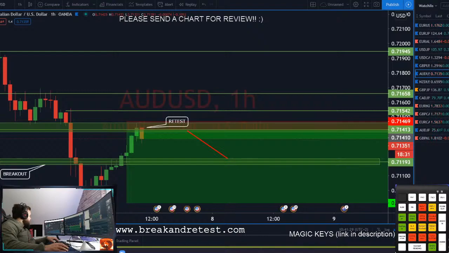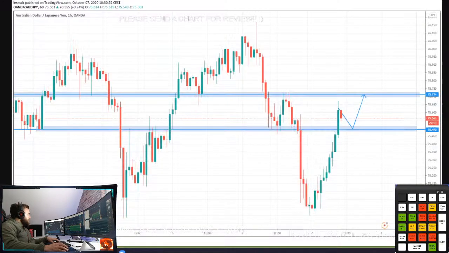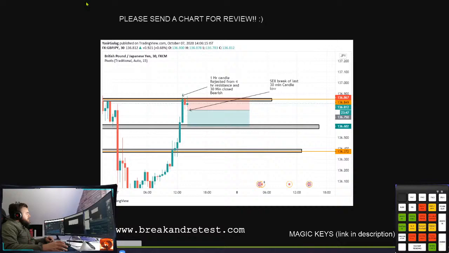Okay, GJ 30 minute. We don't trade 30 minute, but let's take a look at what you have to say. One hour candle rejecting from 4 hour resistance, 30 minute close bearish, solid break of the last 30 minute candle low. Well, I don't know what to say.